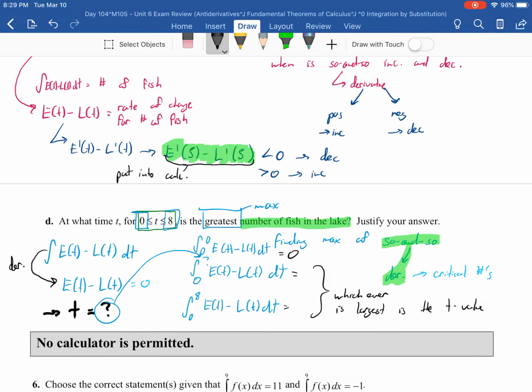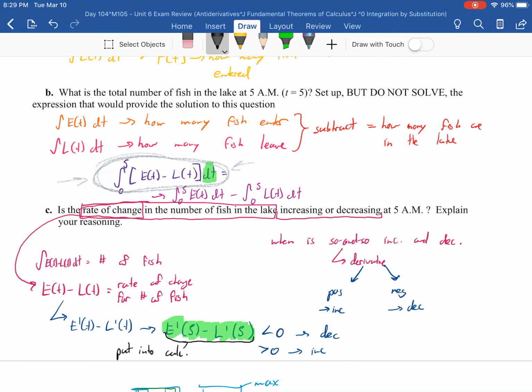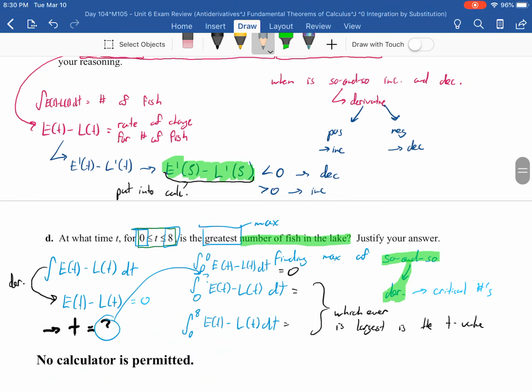Remember, it's asking us for the greatest number of fish in the lake, and that connects to part B, where we found that this integral function tells us how many fish are in the lake. So that's how we know we have to plug those t-values into this integral.